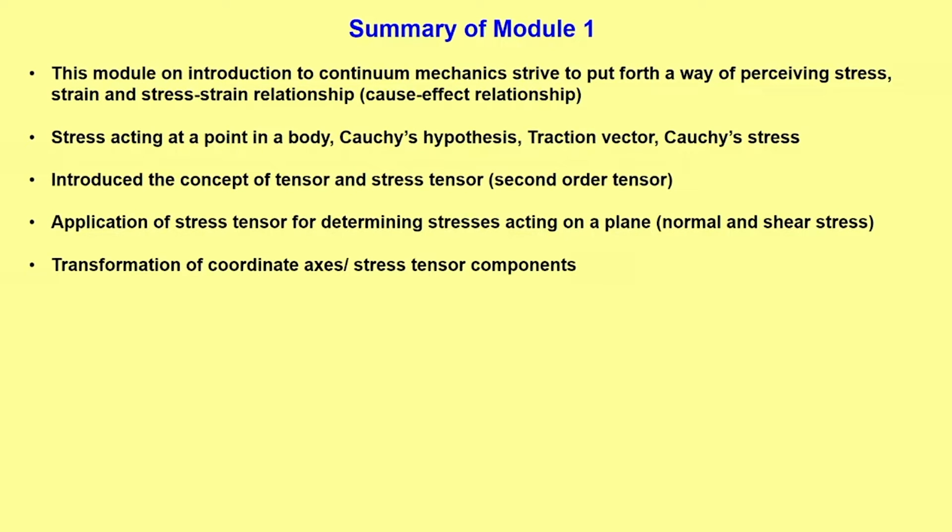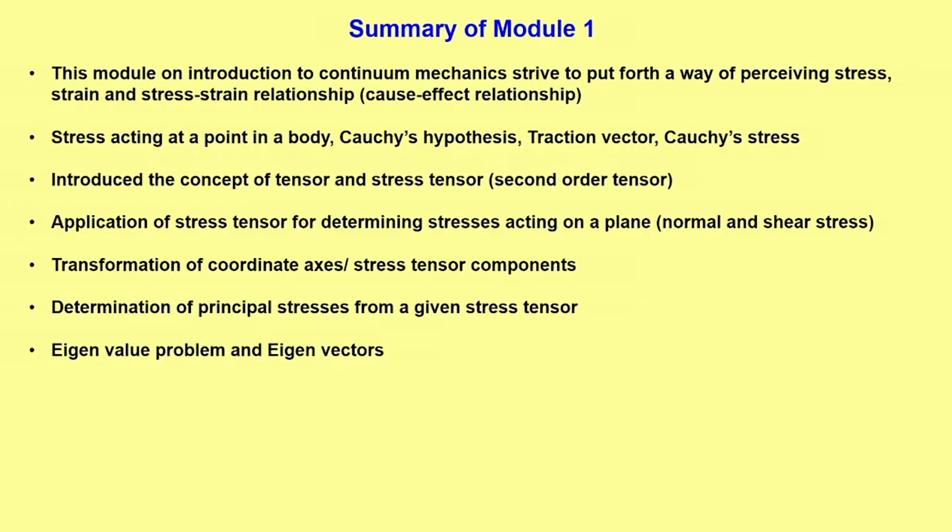Then a very important aspect was the transformation of coordinate axes, which was essential for evolving principal stresses. We understood how the given stress components can be transformed to an altogether different set of orthogonal axes. Then comes the determination of principal stresses. Based on the transformation, we discussed how to evolve principal stresses by diagonalizing the given stress tensor. We discussed characteristic equations and also understood that this is an eigenvalue problem.